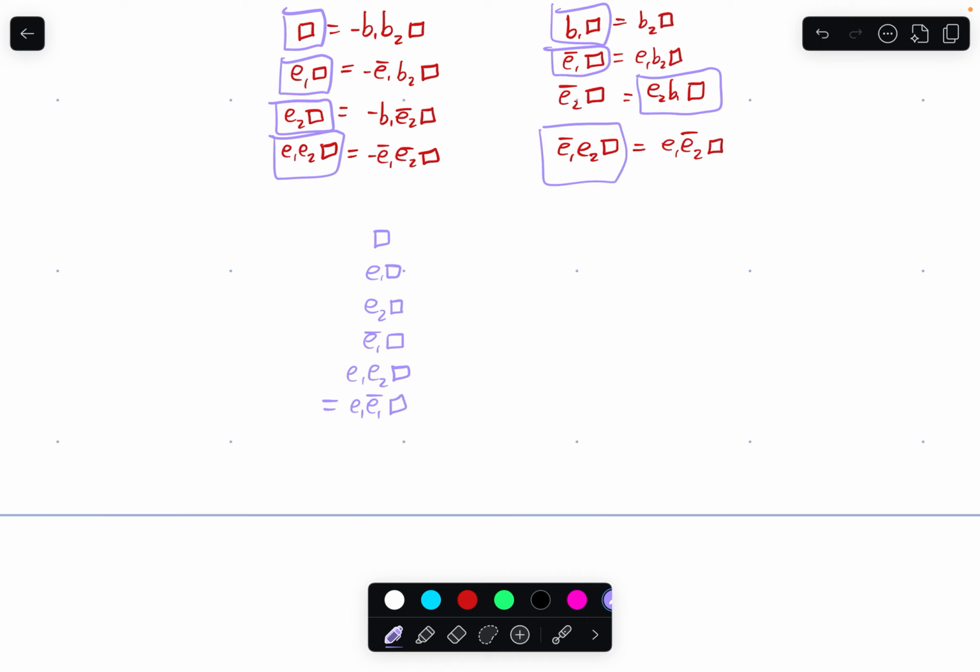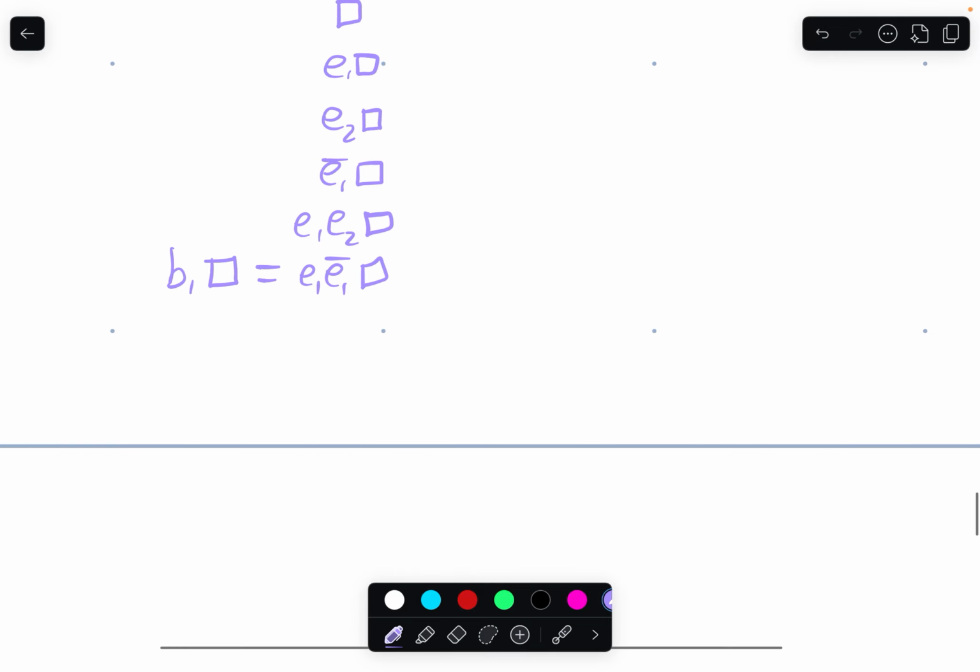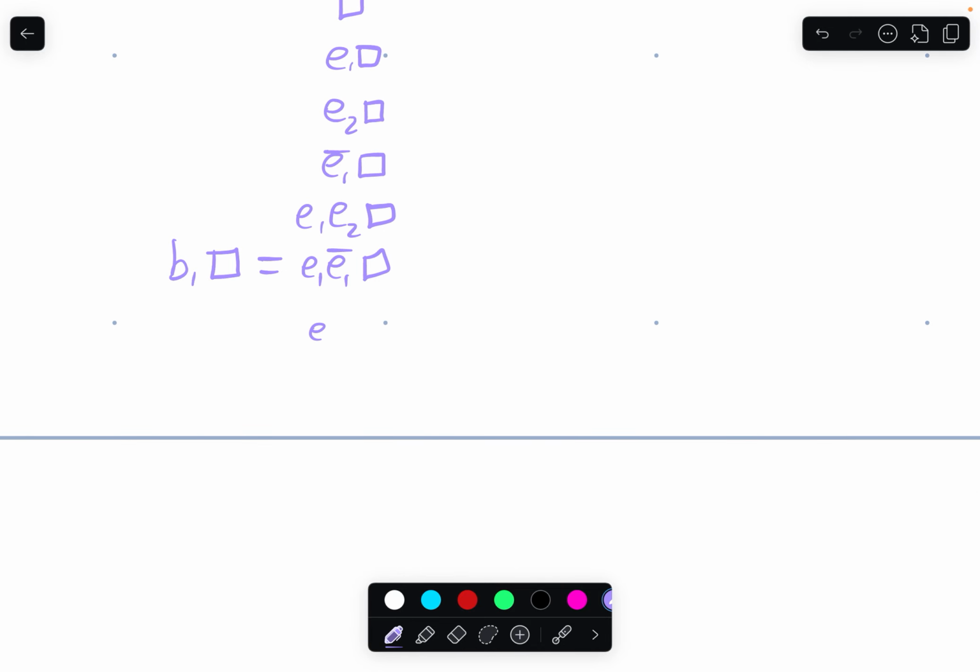And this is the same thing as having B1 box, by the way. And then E1 bar, E2 box. And then lastly E1 bar, E2 box, which is just the same thing as E2, B1 box here.